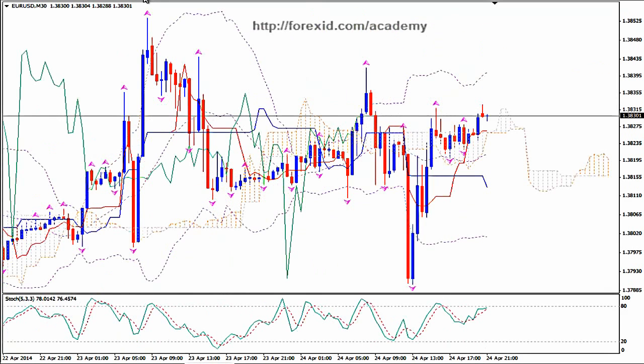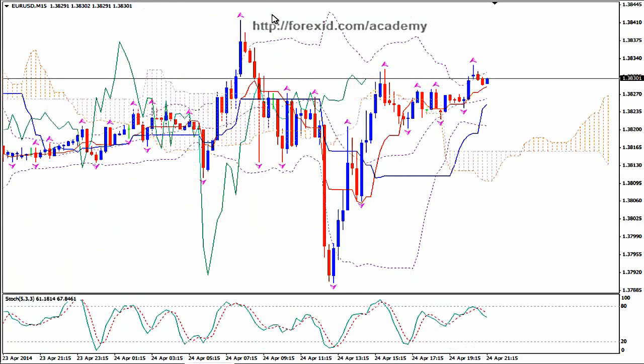Let's see what happened on the M30 time frame. We have a bullish picture here, but we had this deep plunge, and we can theoretically accept this deep plunge here on M15 as the correction we were expecting before entering.